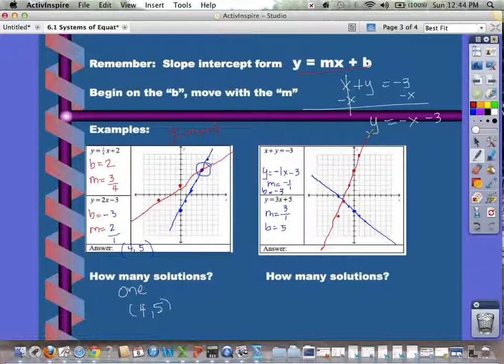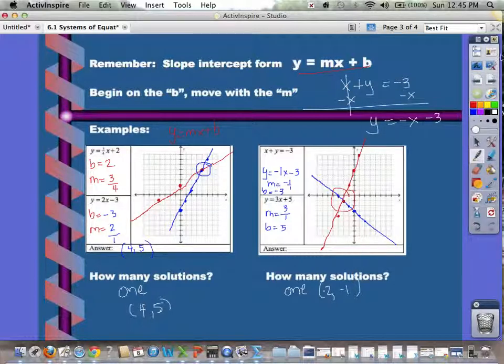Okay, so it appears that I have one solution. Let's write that over here, one solution. And it's an ordered pair. What's the location of that point? Let's see, it goes 1, 2, negative 2 is my x, and down 1, which is negative 1.